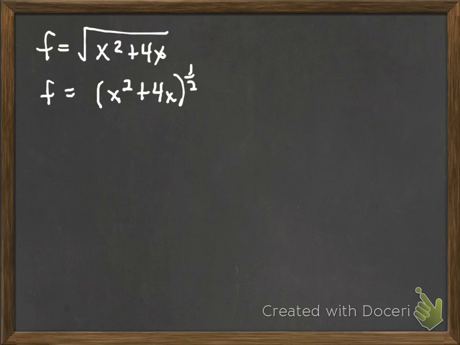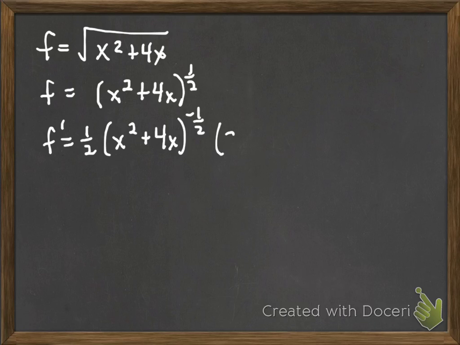So it's the outer times the inner. The derivative of the outside, 1/2 x squared plus 4x to the negative 1/2 times the derivative of the inside, which is 2x plus 4. Rewrite it as a fraction. If you're going to have to solve this way, you might as well.